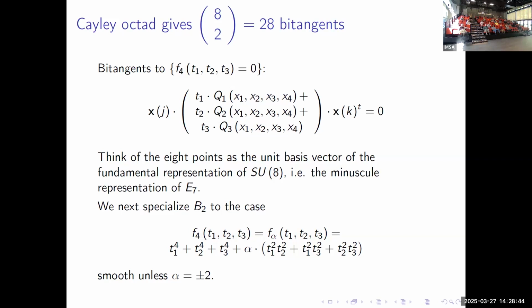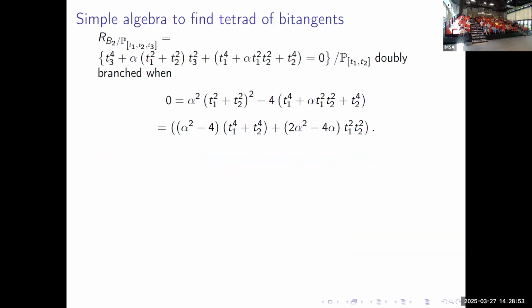Those quartics are smooth, except that alpha equals plus or minus 2. So it's high school algebra to calculate the bitangents for this family.